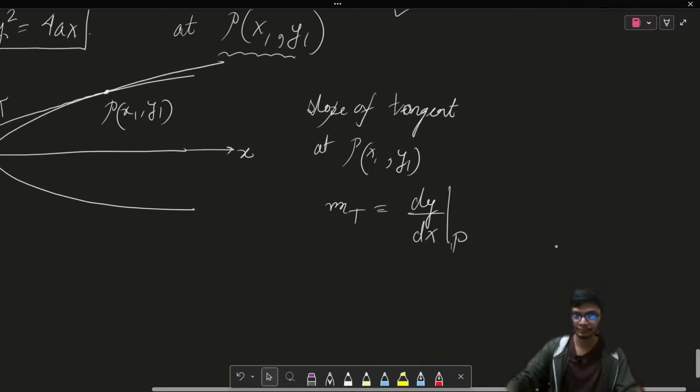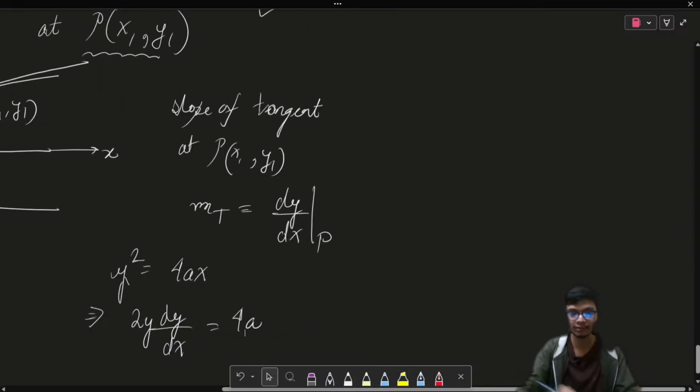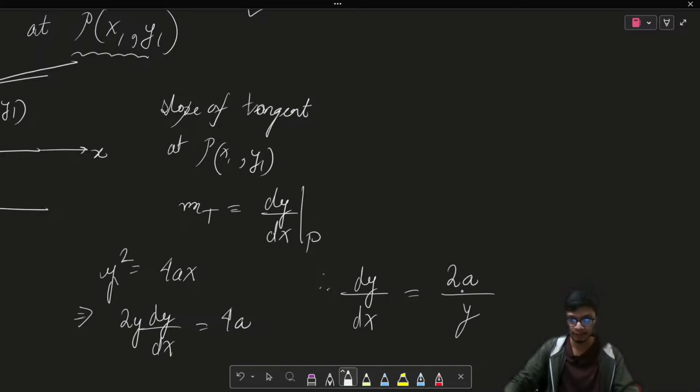So if I do that, we have the expression y square equals 4ax. Differentiating both sides with respect to x, I obtain dy by dx equal to 2a upon y, right? Now we have to put the point P, so it should be y1, right?